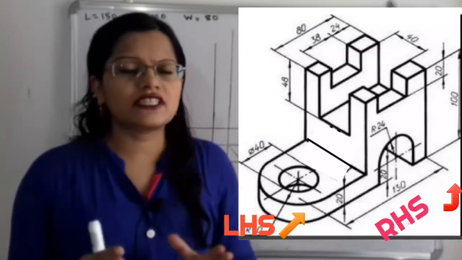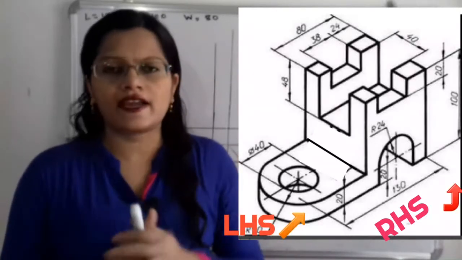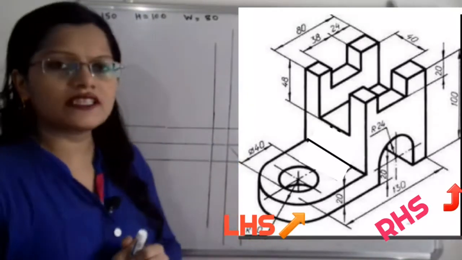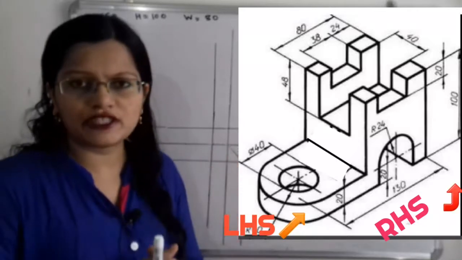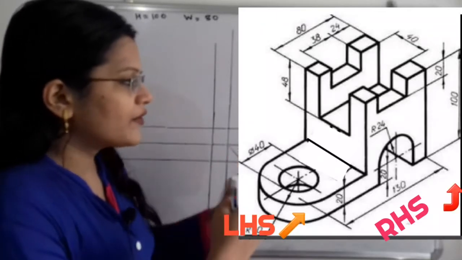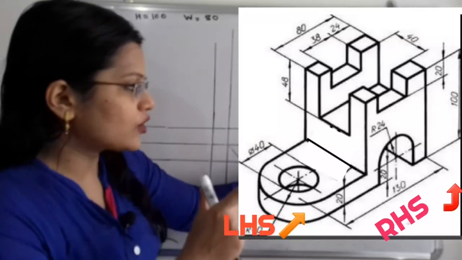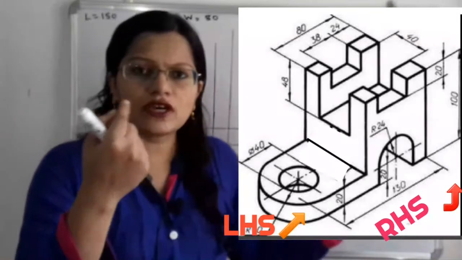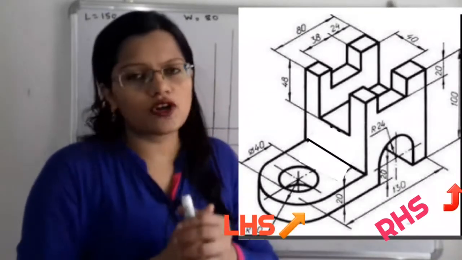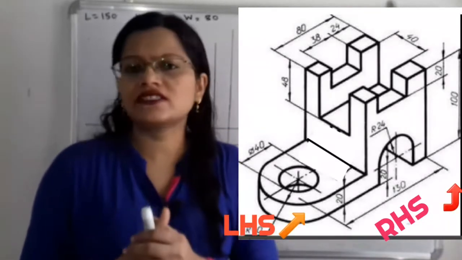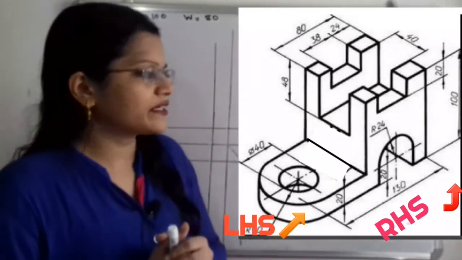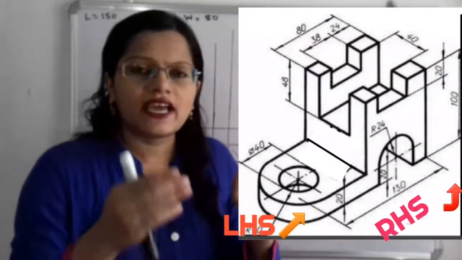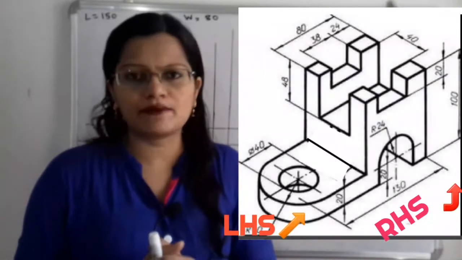Now let us decide the length, width and height. How is the length decided? If we observe the right hand side of the object, we move from right to left. The total length is given as 130. This length ends at the end of the small hole, and now we have to measure the remaining distance. We observe that the arc of the base and the small hole have the same center.